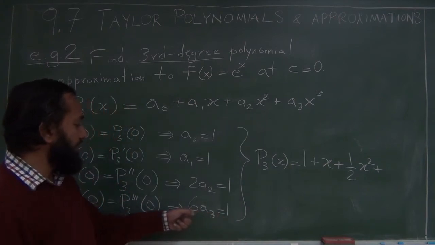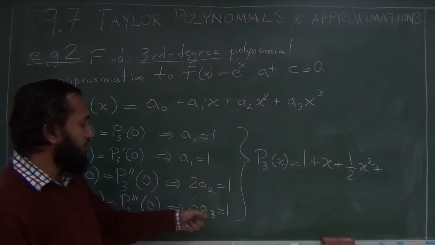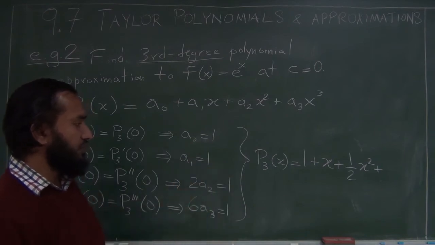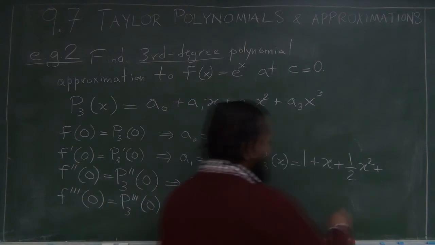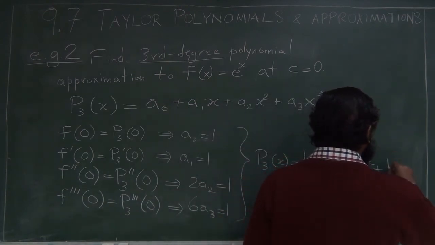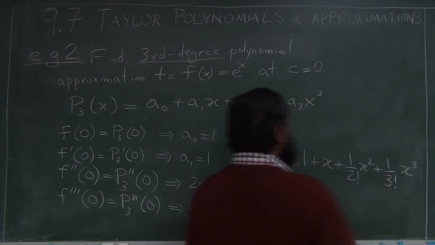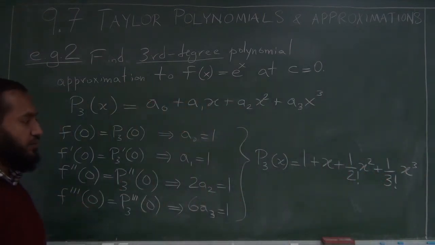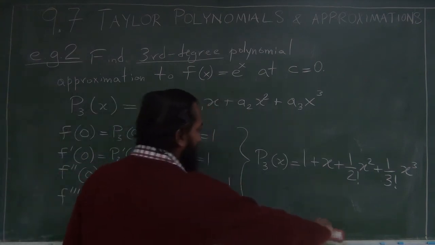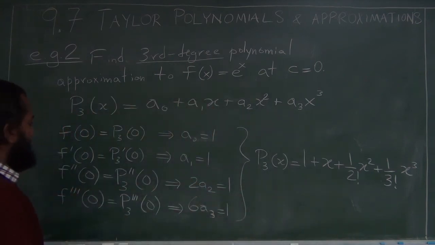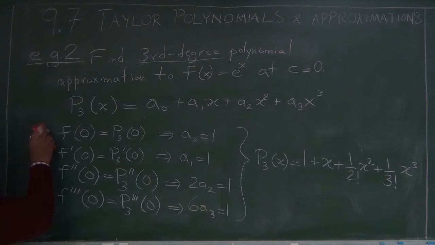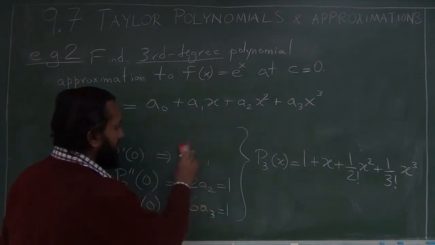How did this 1/6 come about? It is actually 3 times 2 times 1, from taking the 2 successive derivatives, so it's 3 factorial. And the 2 can also be 2 factorial, which doesn't change anything since 2 factorial is 2. But I'm doing this for a reason, so that you can begin to see the general pattern.